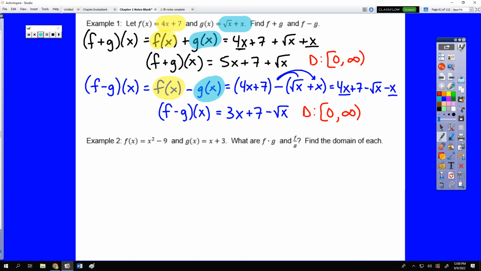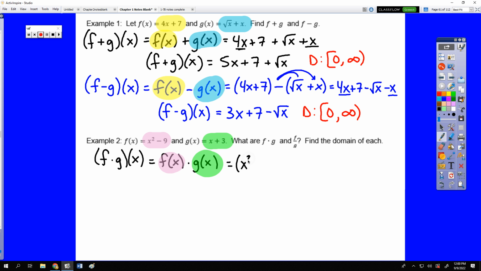Okay, example 2 is similar, only it has multiplication and division. So when we do f times g of x, remember that means we're doing f of x times g of x. Again, overall, what we're doing is we're just plugging those values in and then evaluating. So we're plugging f of x and g of x into this expression and then multiplying it out.